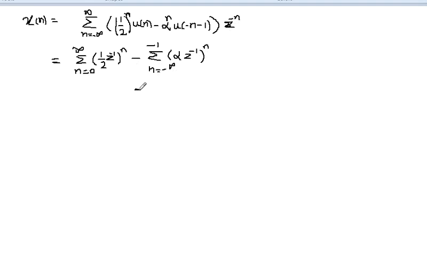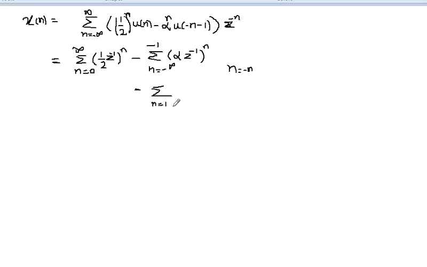The second one can be approximated as summation n is equal to, let's write 1, because when we take n is equal to minus n here, so only for the second term, when n is equal to minus n in this second, then it becomes 1 and infinity.